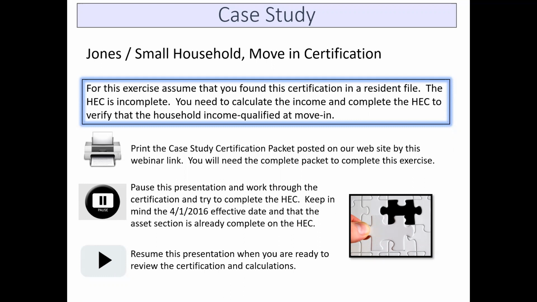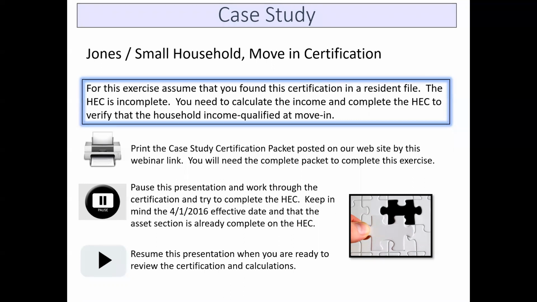You want to keep in mind that this is a packet that you found in a file. So this is from a 2016 move-in. 4/1/16 is going to be your effective date, so please keep that in mind when you're completing the certification, especially when you're looking at dates, ages, and all that type of information.